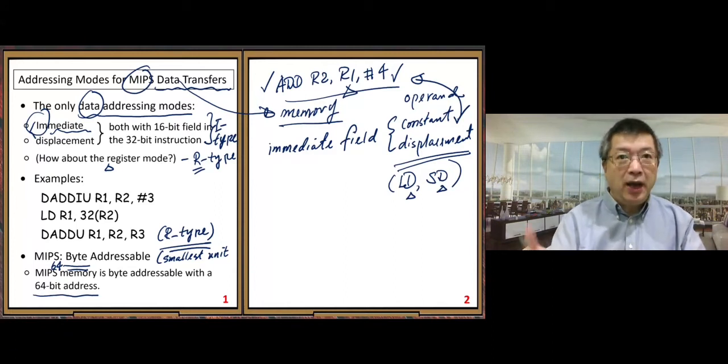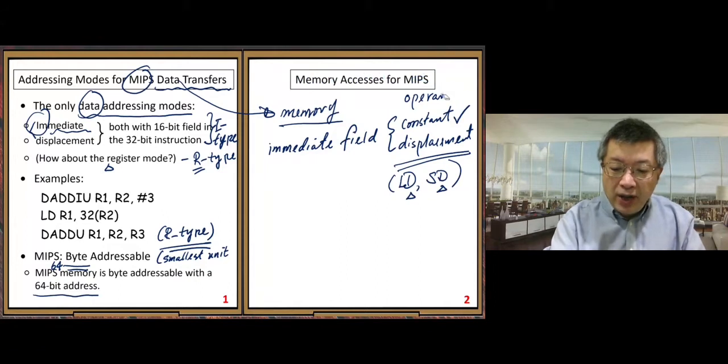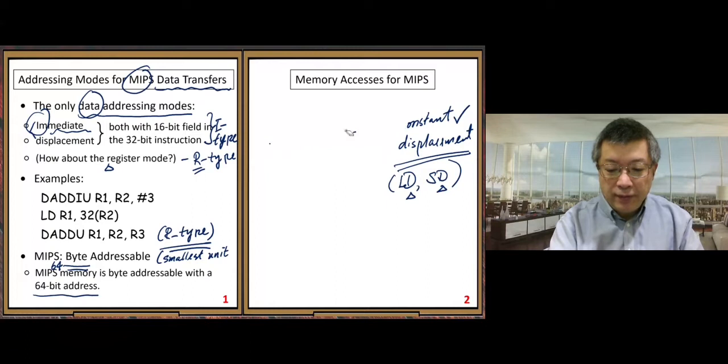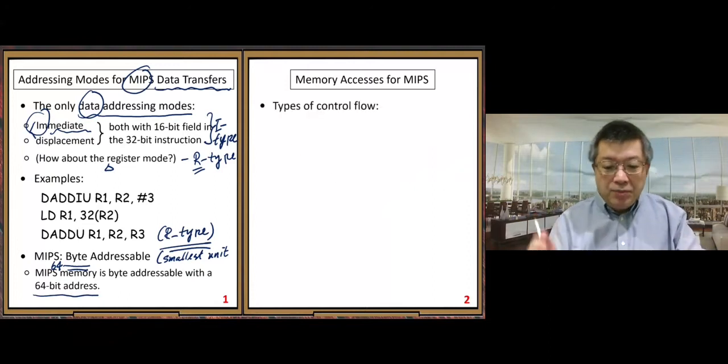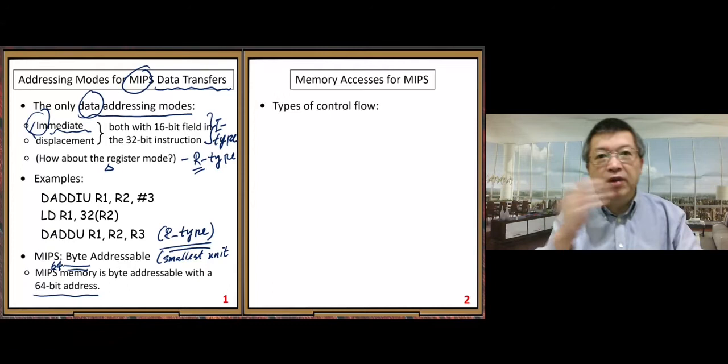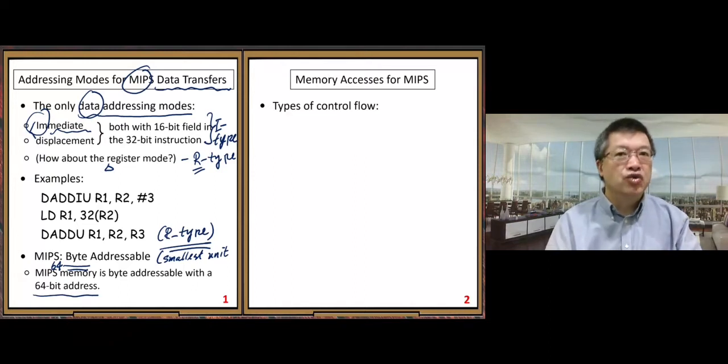All right, the next topic is memory accesses for MIPS. Now we need to look at how to access memory, starting with the types of control flow.